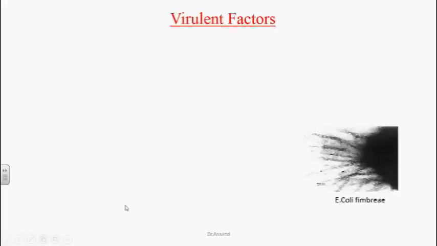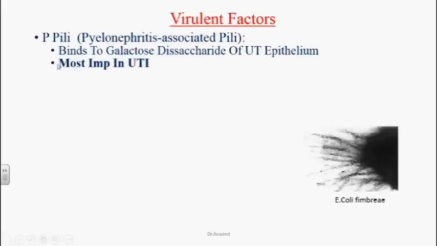Virulence factors of E. coli. They have pyelonephritis associated pili, which we can call P pili. P pili containing serotypes of E. coli bind to galactose disaccharide receptors on the urinary tract epithelium.